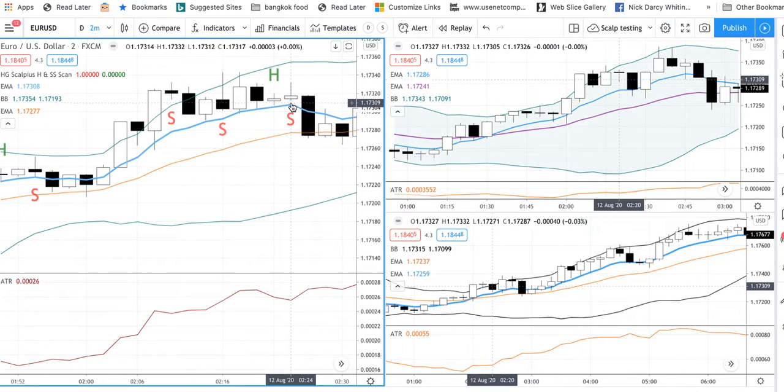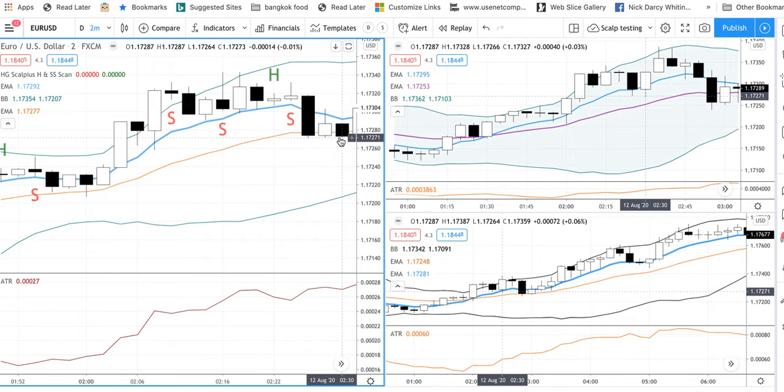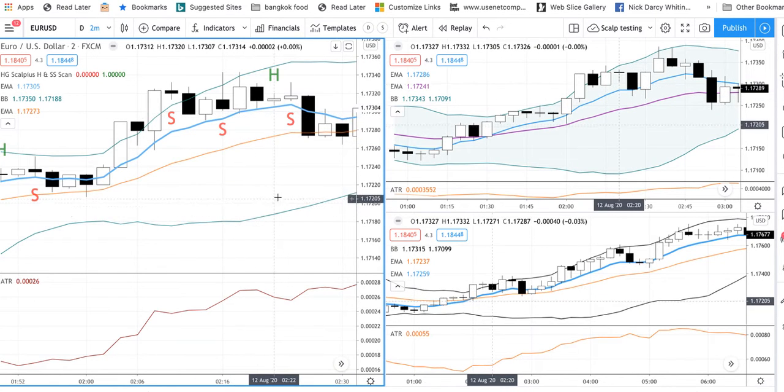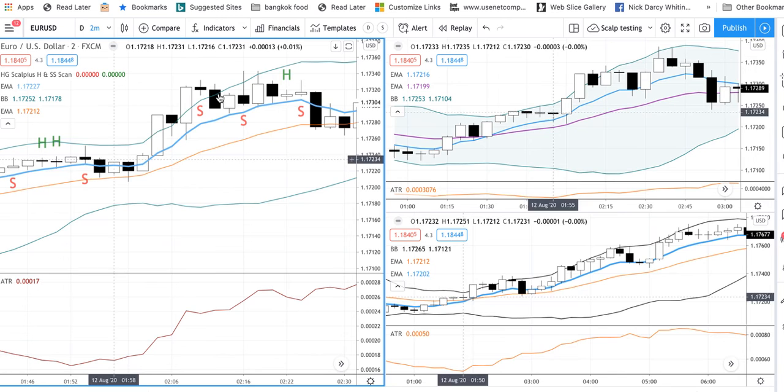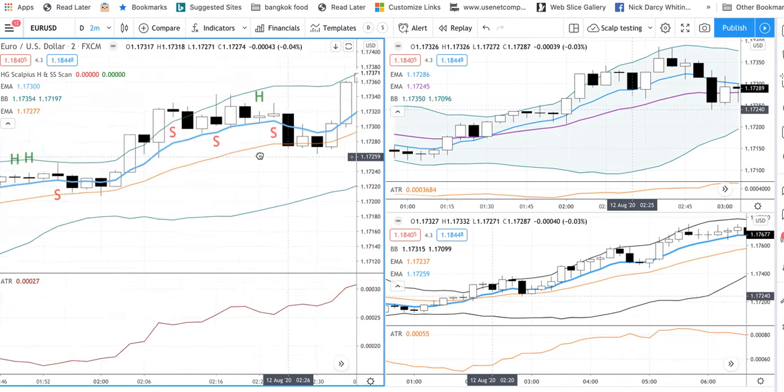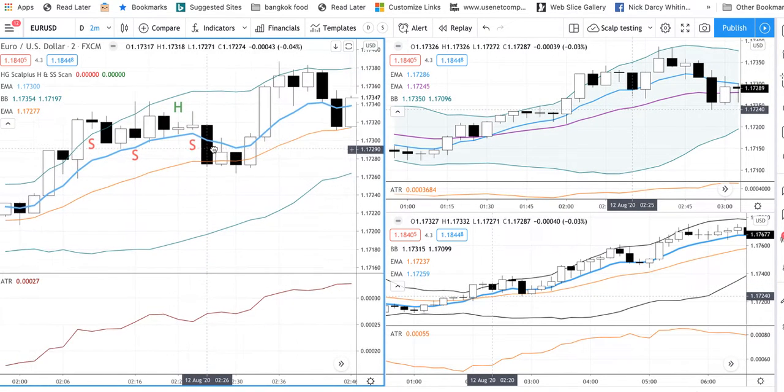So that's 3.5 for 4, so 31 less 4 is 27. 27 is right here, so it hits the target. So we've skipped a bad trade, we've taken a good trade, we're one up.